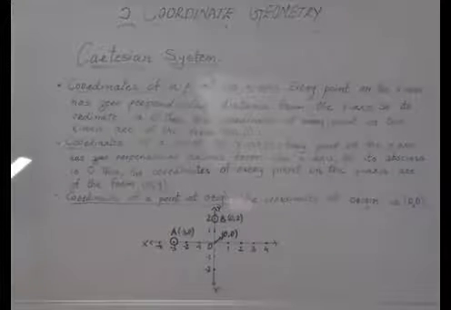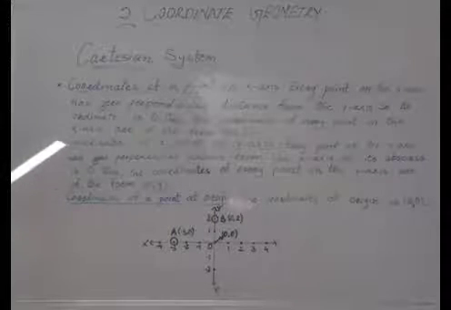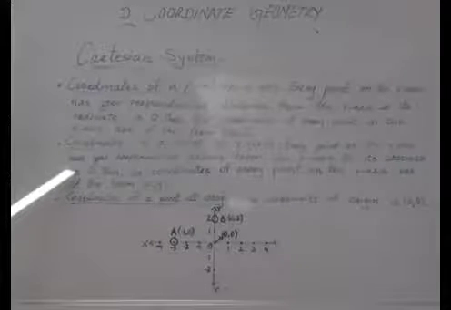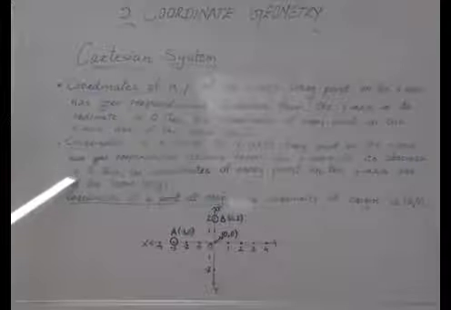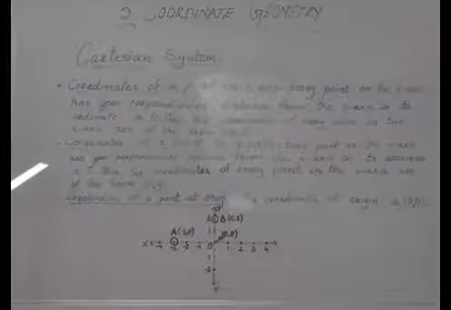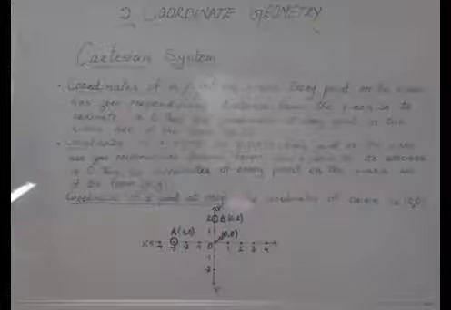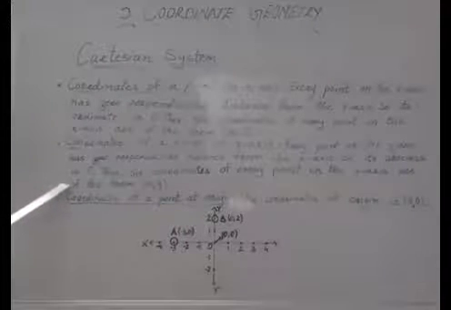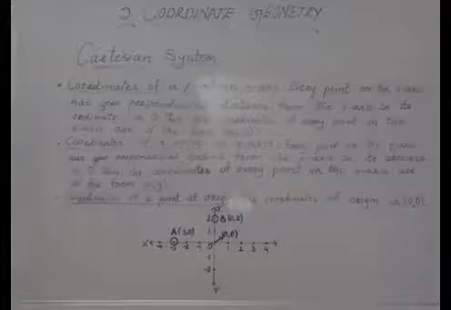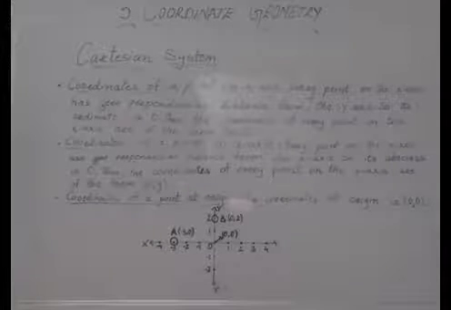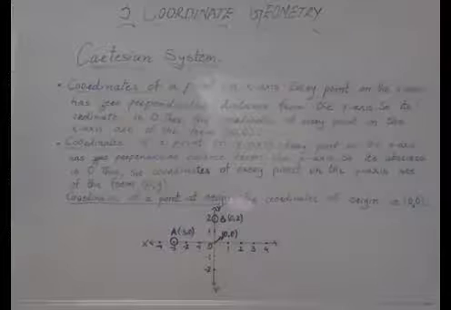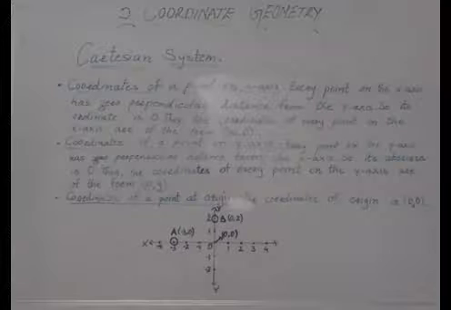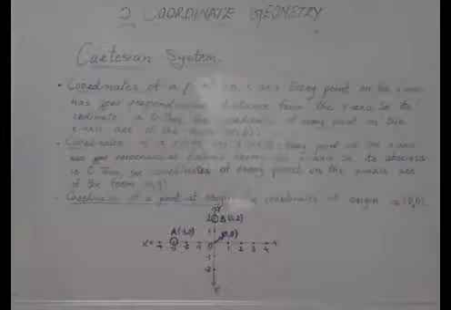Another point: coordinates of a point on the y-axis. Every point on the y-axis has 0 perpendicular distance from the x-axis. So its abscissa is 0. Abscissa, that is the x coordinate value, is 0. Thus, the coordinates of every point on the y-axis are of the form (0, y). The value of the abscissa, the x coordinate, will always be 0, and wherever the point lies on the y-axis is taken as the y value.